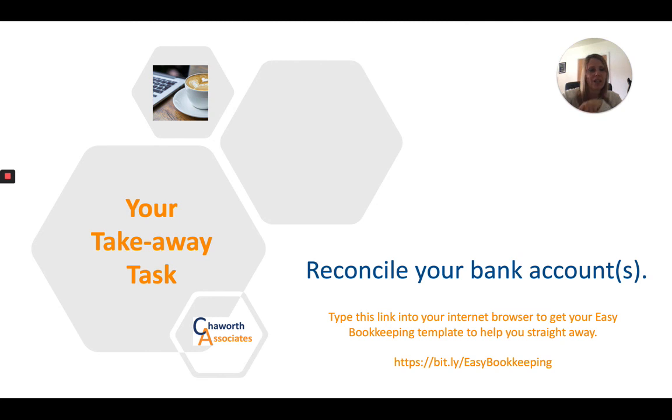Your key is that the last line of your bank statement as per Excel in your accounting system has to agree to the actual physical cash in your bank account. So the easy bookkeeping template does this step for you and helps you through the reconciliation.